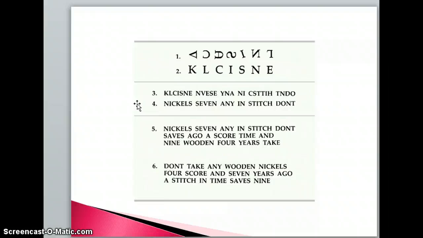It's still not very sensical, and that's demonstrated down here below. It's harder to remember the phrase nickels, 7, any, in, stitch, don't than it is down here to reorder those words into a sentence or a phrase such as don't take any wooden nickels.